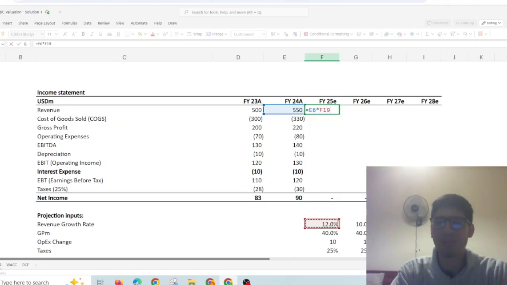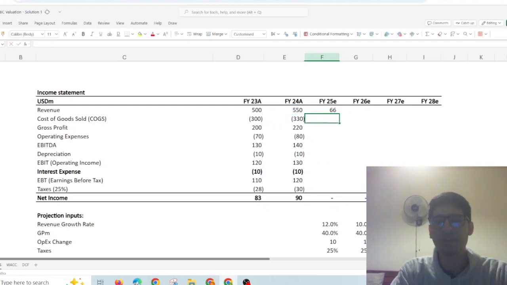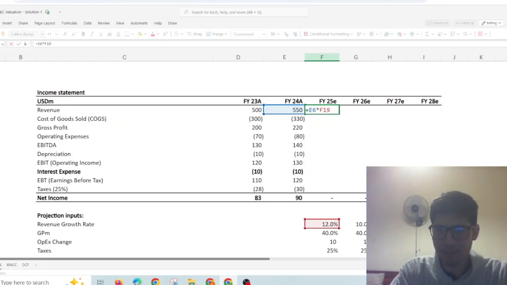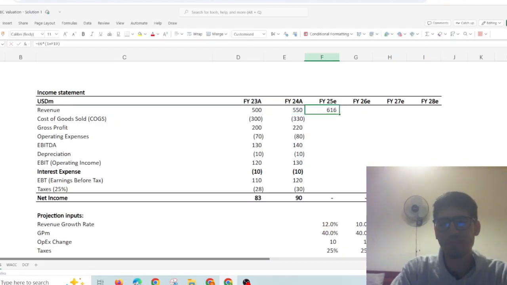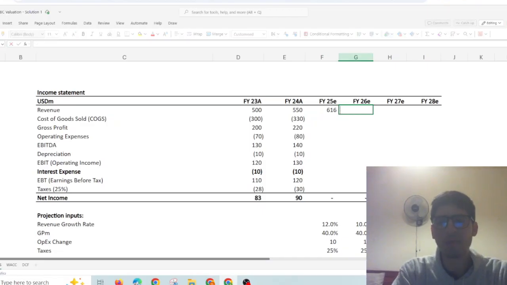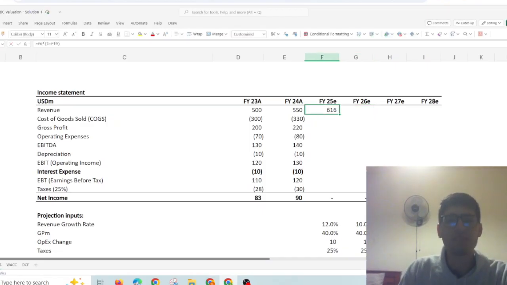As you can see, the revenue growth rate for 2025 is 12%. Sorry, I made a mistake, it's times 1 plus. Okay, so as you can see, simply it's 616, and I shouldn't do it all over again. No, you just, that's the beauty of Excel, guys. You just scroll, and as you can see, autofill solves it alone.